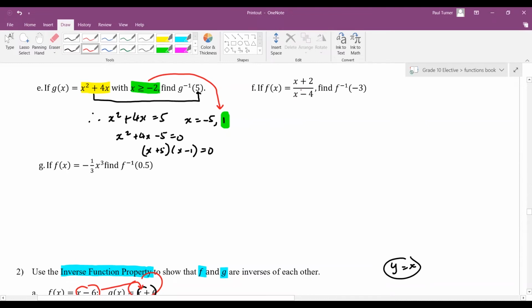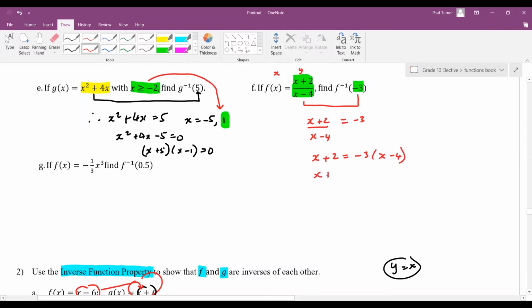And the same idea on this. This is your x value. This is your y value. In your inverse, these will swap. So now this will become the y. So the y value of your function, which is here, is equal to the x value of your inverse. So you can see here, you're going to get another equation. So x plus 2, x minus 4 equals -3. Cross multiply that. So x plus 2 is -3, x minus 4.